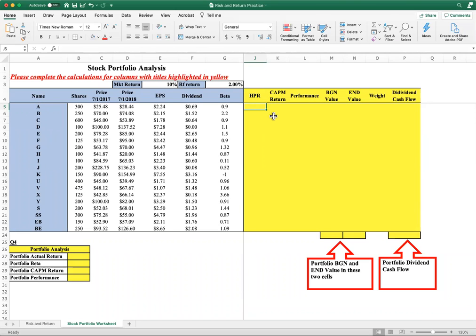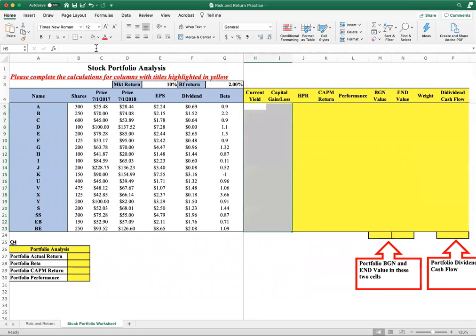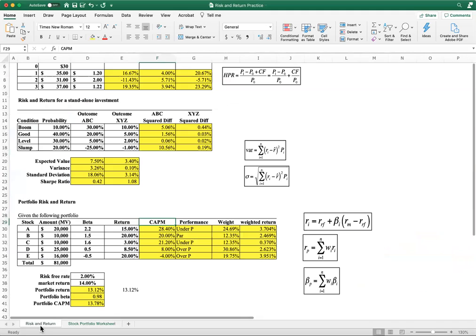The ultimate goal for this exercise, and of course this is in your assignment 3, which is due in a week, is that you're going to calculate the holding period return for each stock. So what is holding period return? Let me highlight this area. Let's go back to the review.